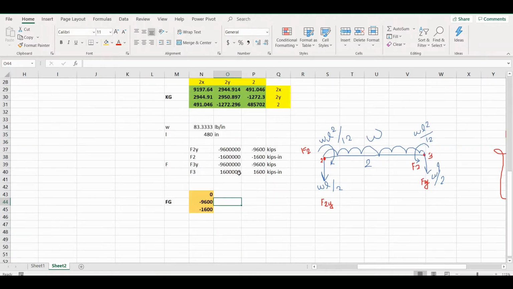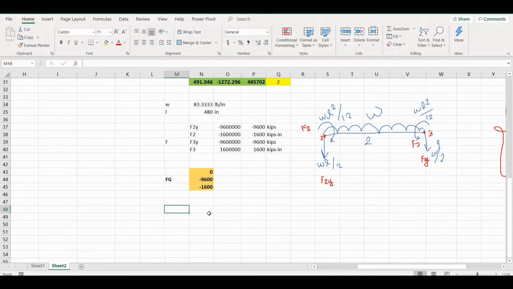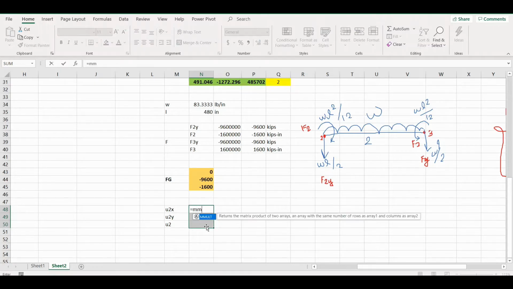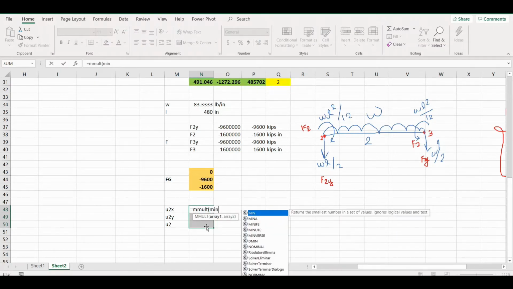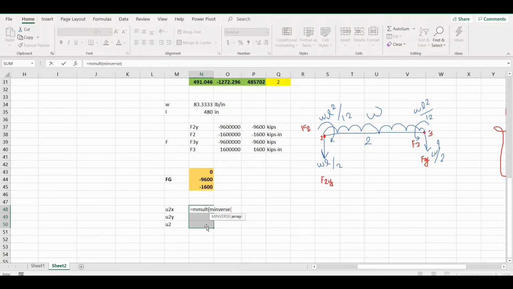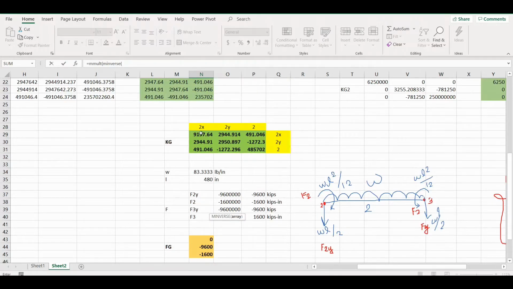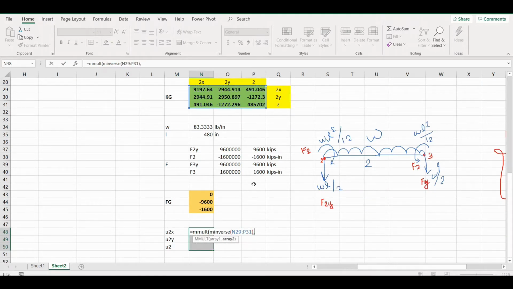Now we have to solve it to obtain our displacements. That will be u2x, u2y, and u2. Now this will be equal to the multiplication of matrices, the inverse of this matrix, comma, this matrix here.